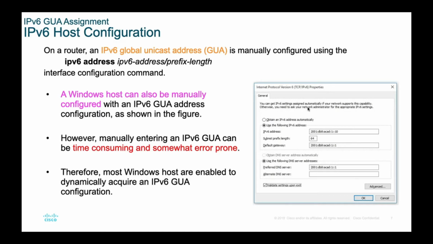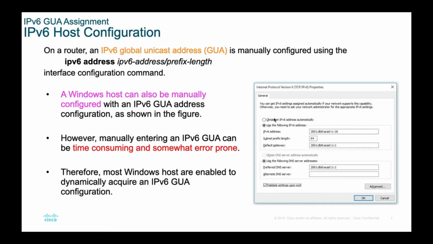So it's good if we have a feature that can automatically configure the IP address. Like in this Windows 10 configuration, you just click obtain IPv6 address automatically. So in order to obtain an IPv6 address automatically, we must have another service enabled.